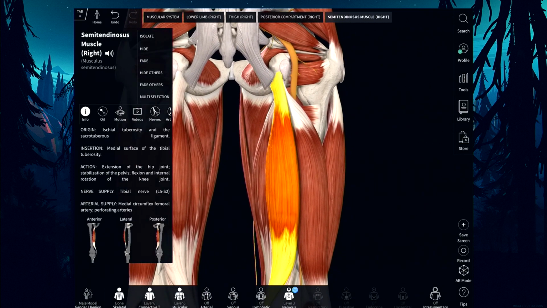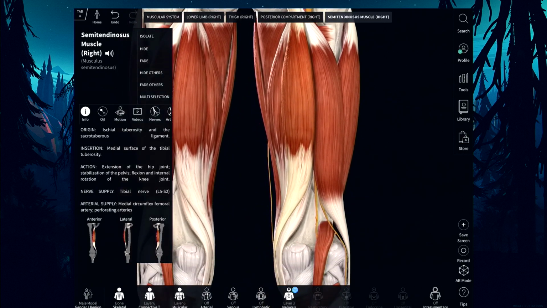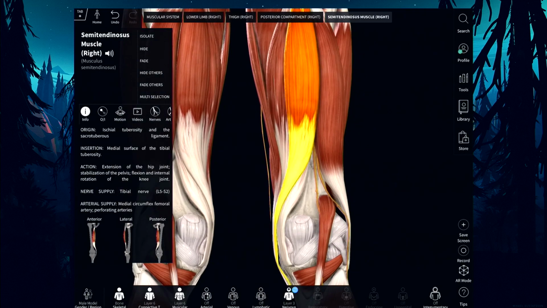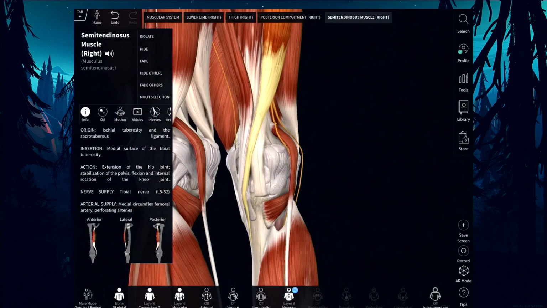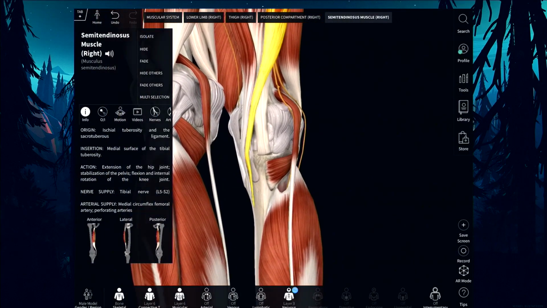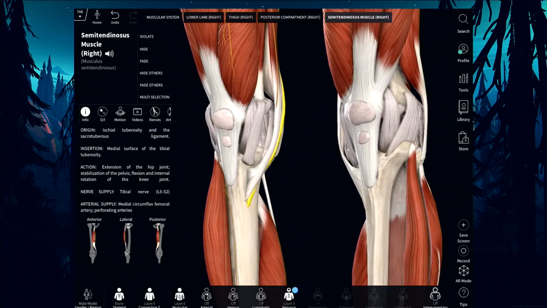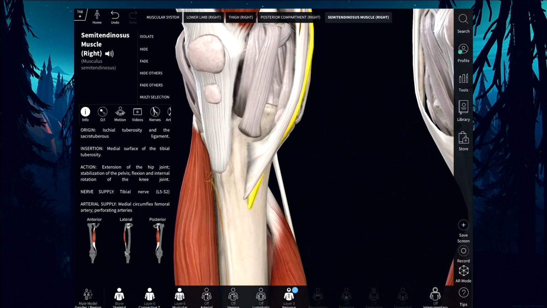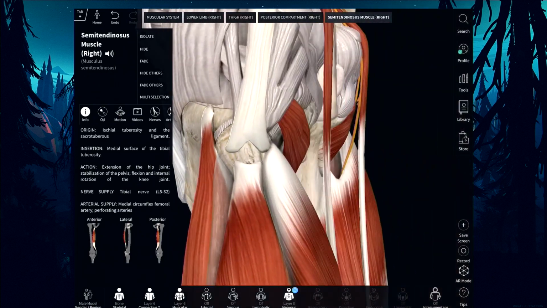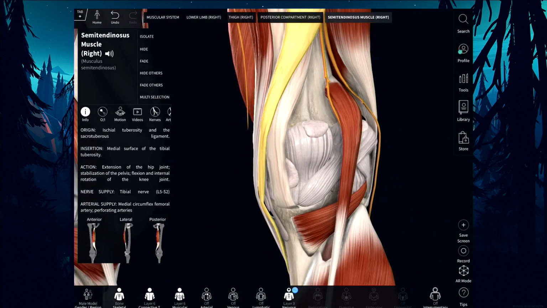Almost all of them originate from the ischial tuberosity. Almost all of them, with one minor exception. And the medial, the semis, insert both of them on the medial aspect of the tibial tuberosity. So they loop around the medial condyle of the knee, but ultimately their main action is to flex the knee.